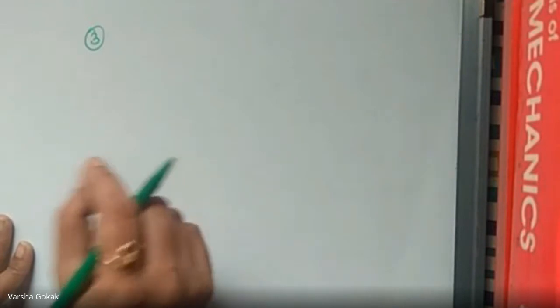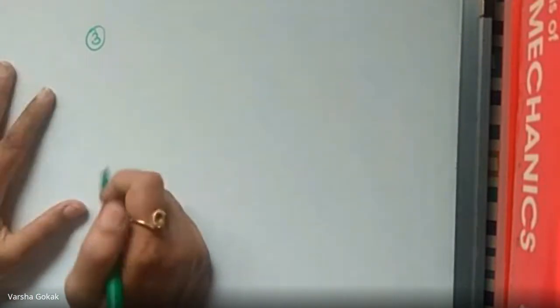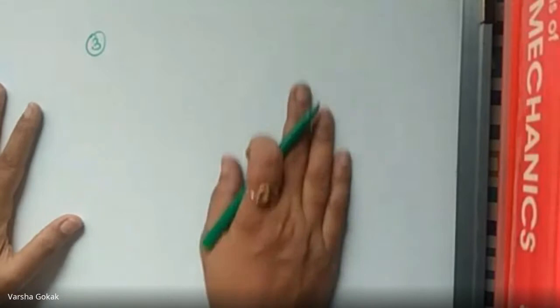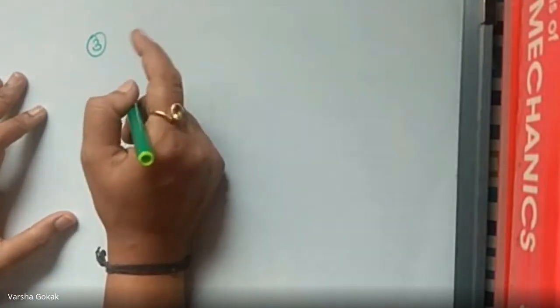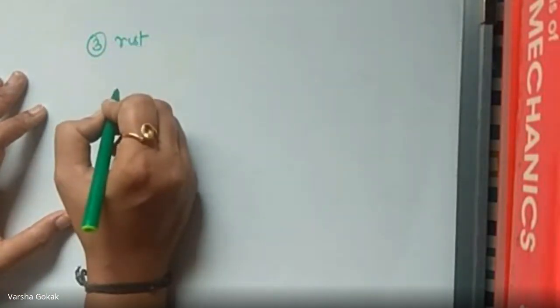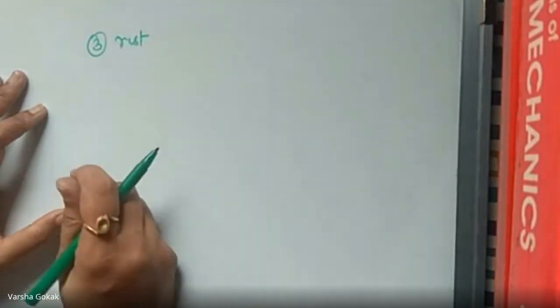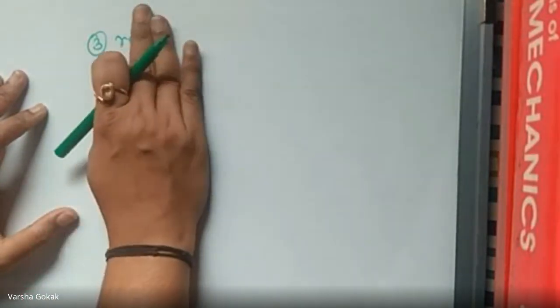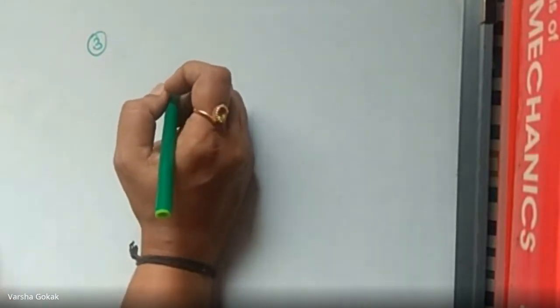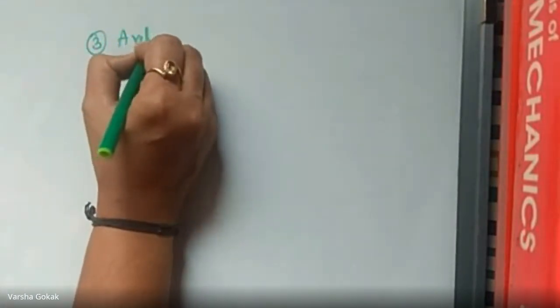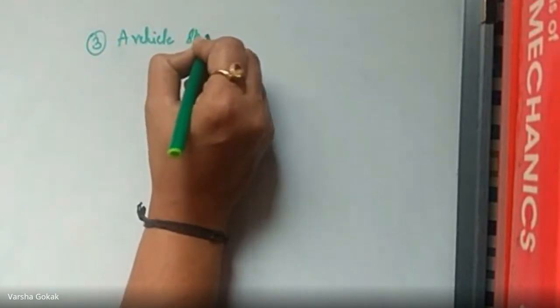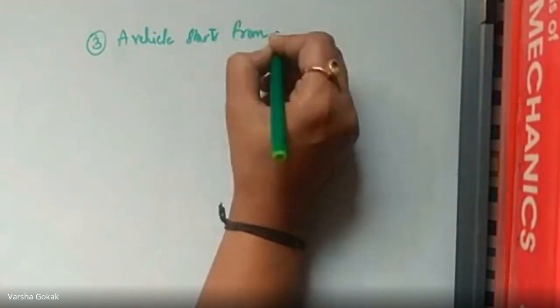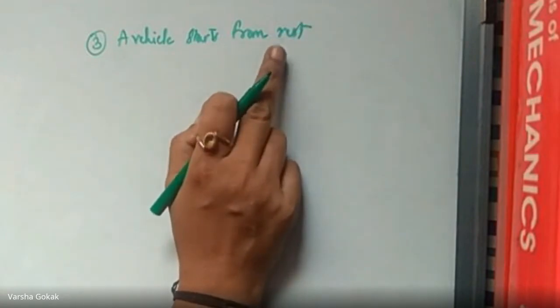When I'm drawing a VT graph, velocity versus time, it is very important that each and every word of the question means something. So I'll read out the question, and whatever is important, I will make a note of. A vehicle starts from rest. Starting from rest means u is equal to 0 here.